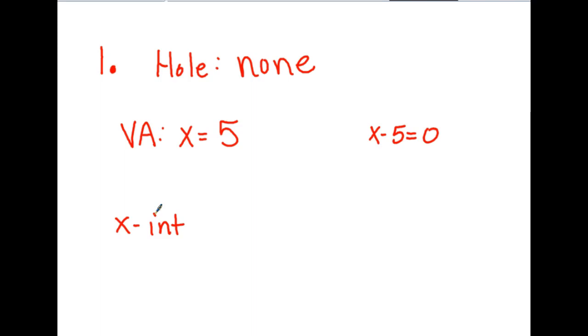What is the numerator? Can 1 equal to 0? Not possible. What does that mean? There's not an x-intercept on this particular graph. Right? Word none.